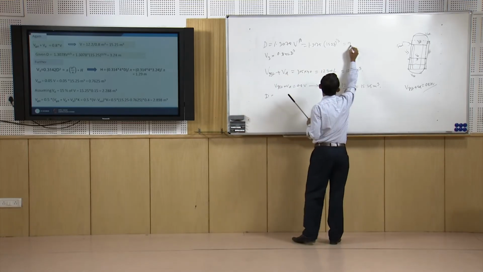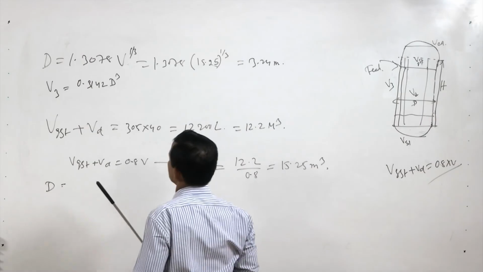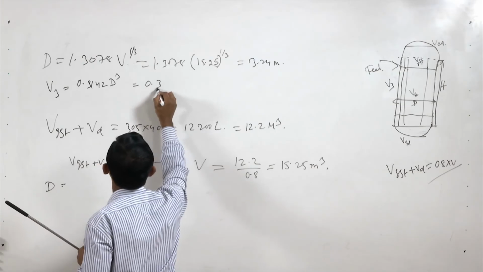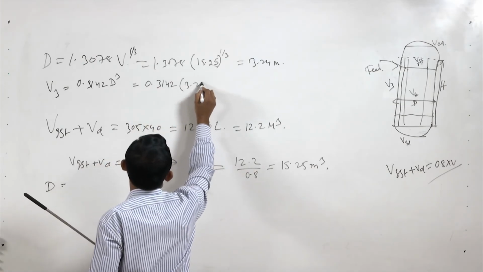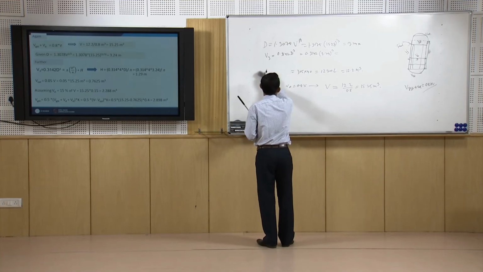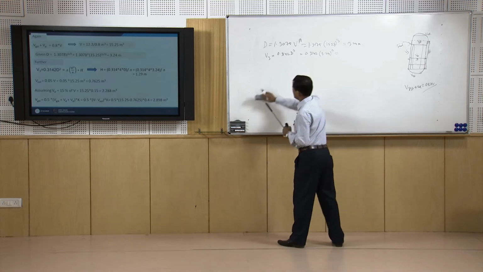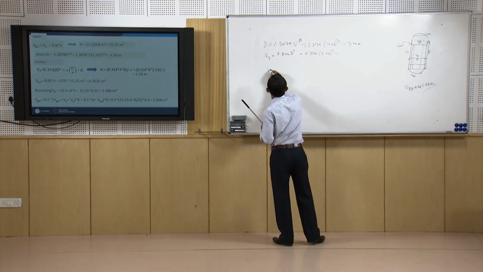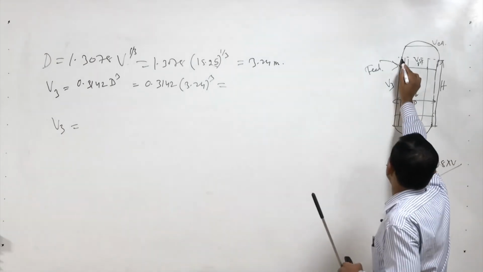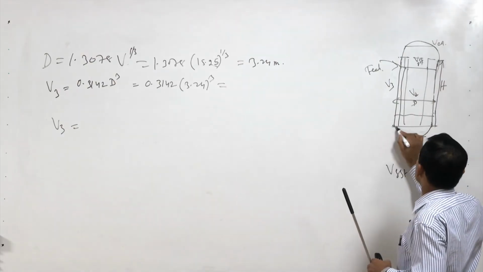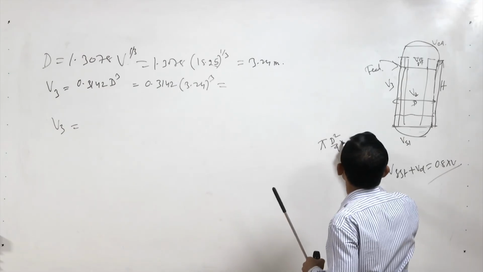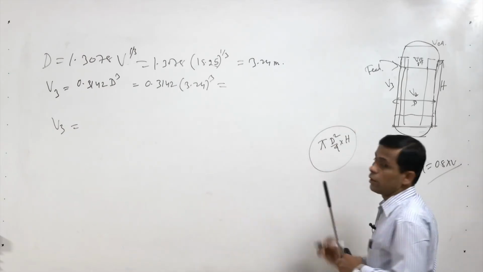Then what is V3? We will put this D value here: 0.3142 into 3.24 cube. V3 is the cylindrical part, so pi d square by 4 into h is also V3.